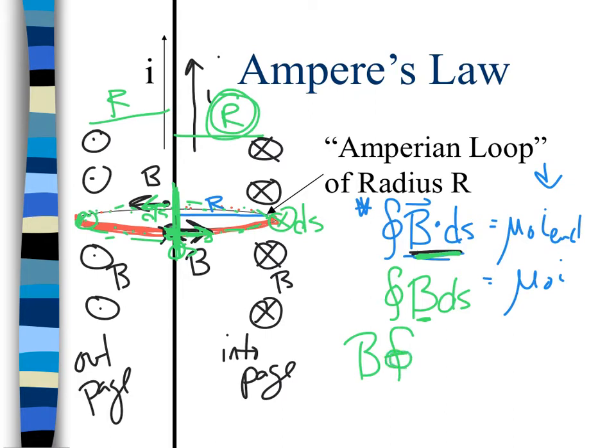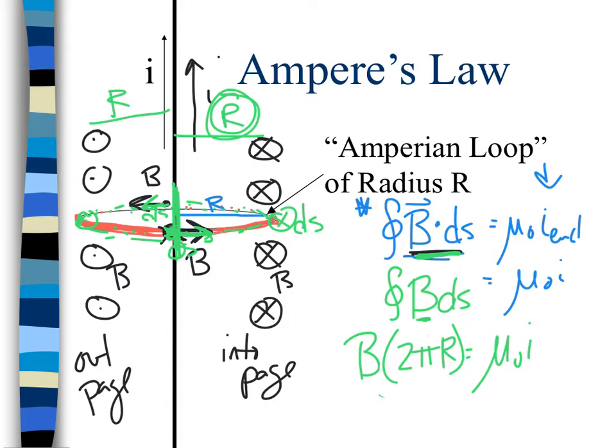And so now I've got the integral around a closed path of B dot ds equals mu naught times my current enclosed. I know how to do the integral around a closed path ds when my path that I'm walking is a circle of radius r. The integral around that closed path, that is just going to be 2 pi times r.